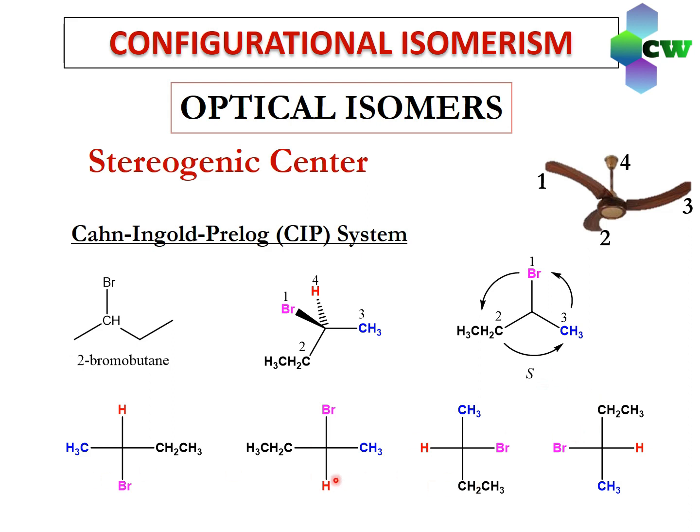Now for these two, in which the H, or the lowest priority group, is on the vertical axis, it is easier to find the absolute configuration. But if you cannot find the absolute configuration correctly from these two Fischer projections in which H is on the horizontal axis, you can draw another Fischer projection in which this H is on the vertical axis, and there's a method or two to do that.